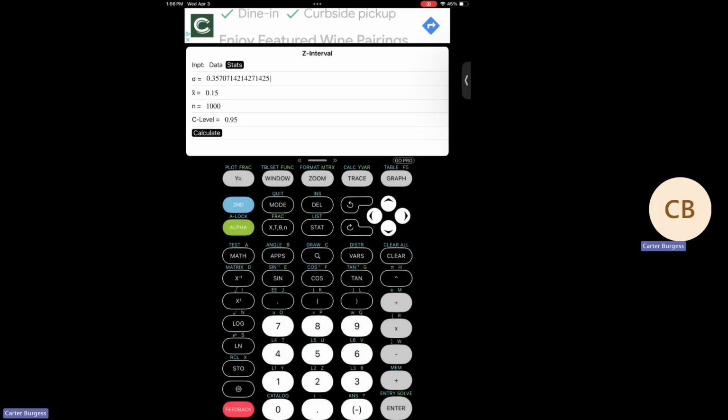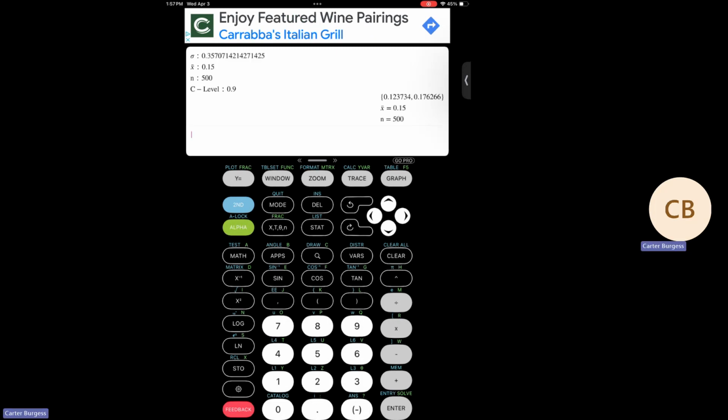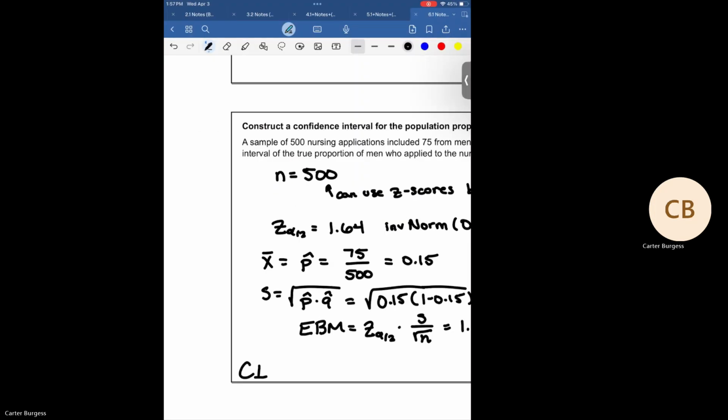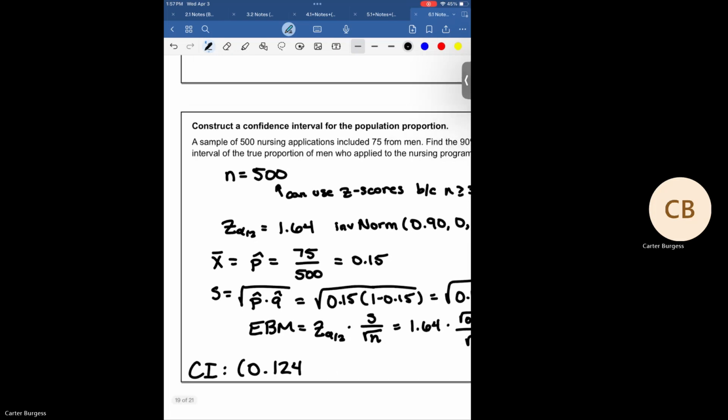This is actually already what it is. If you plug in that value, what is our value of n? We said 500, and we wanted 90% confidence. Hitting calculate, I get that we are between 0.124 and 0.176.